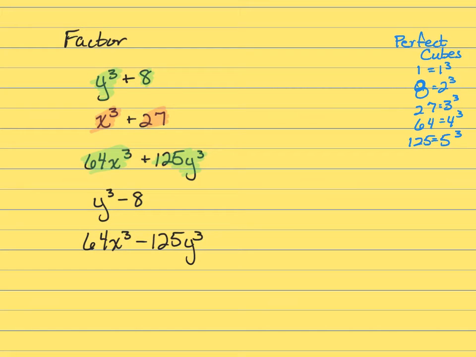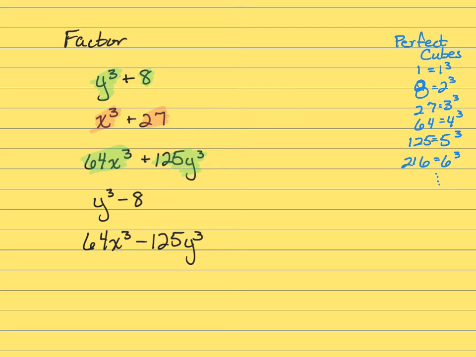And we could keep going. 216 is 6 cubed, and of course this list keeps going. But these are numbers that you want to remember, or at least be able to recognize, so that when you start factoring something, you will be able to recognize them as perfect cubes. So that's what we've got in each of these cases.